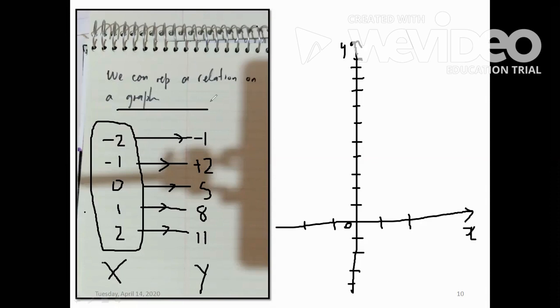It says we can represent a relation on a graph. Our first ordered pair is negative 2, negative 1. So this is negative 2, negative 1 there. Then we have negative 1 and positive 2, which is right there. We have 0 and 5: 0, 1, 2, 3, 4, 5. We have 1 and 8, so 1 on x.